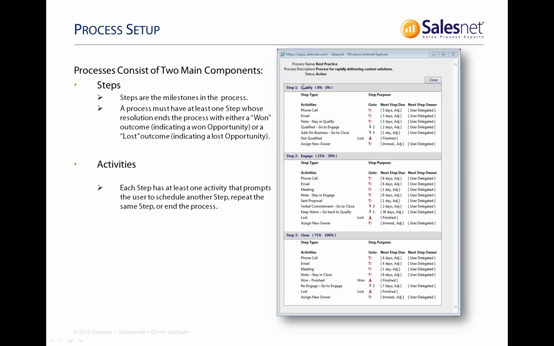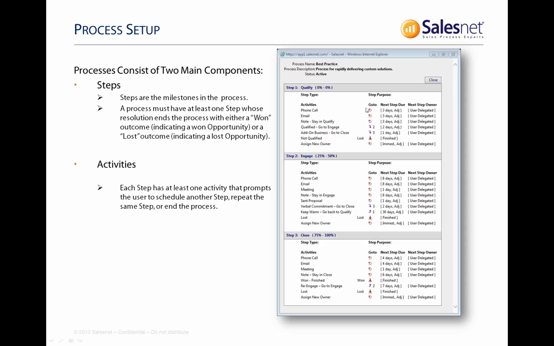Then within each step or stage, the user has a number of activities that they can record. In this case, the user could say, I made a phone call, and put their notes in. And then what you're seeing here is that each one of these activities has a purpose for the future. If you look at these symbols, this one is a little circle. If they record a phone call, it's just going to keep them in the qualify step.